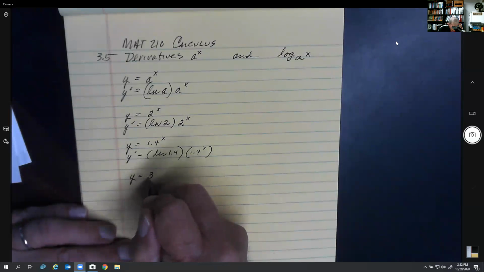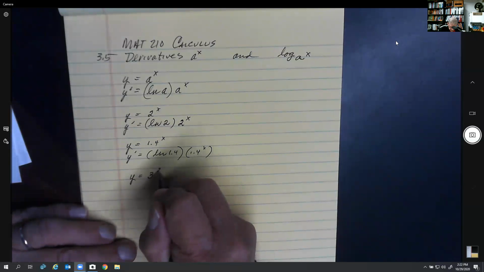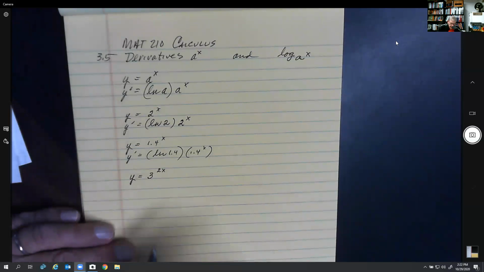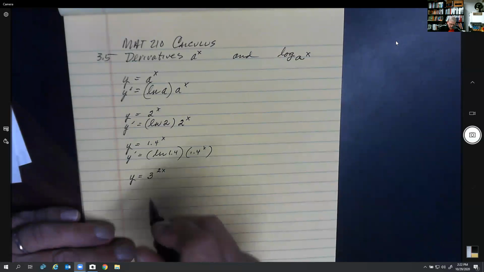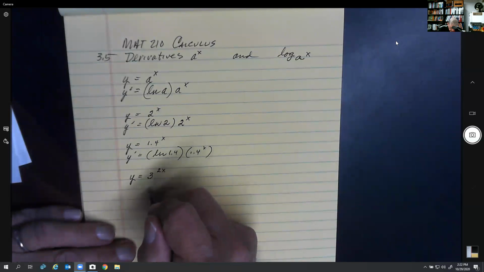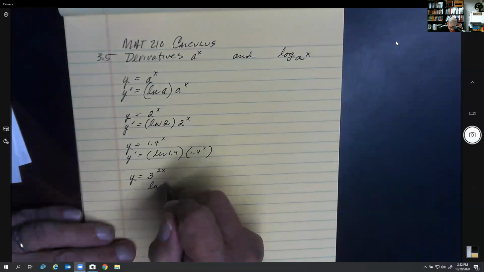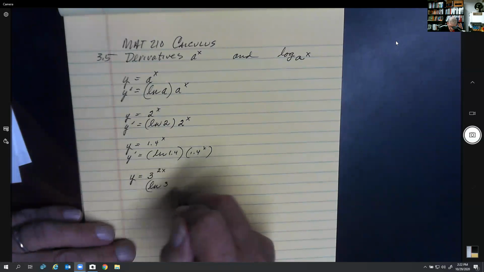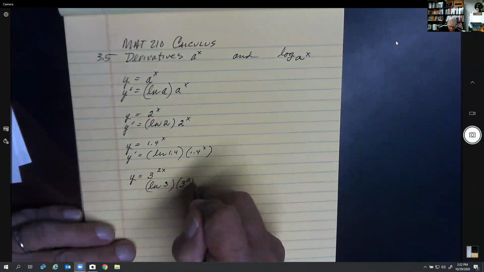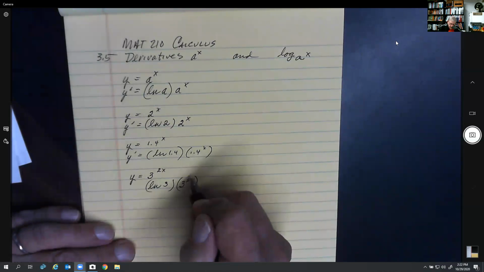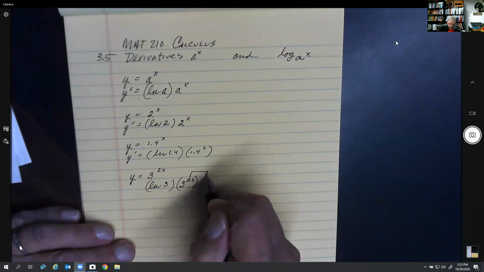Here's a little bit tougher one, 3 to the 2x. Okay. So I would assume this is the natural log of the number 3 times 3 to the 2x, the original problem. But I would imagine we would still have to do a chain rule on this.